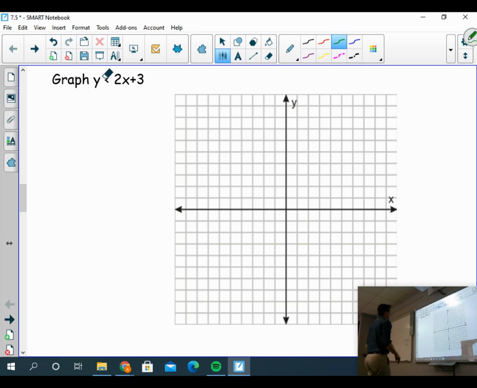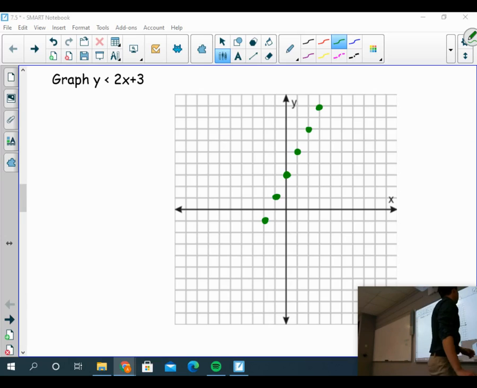Well, to graph an inequality, again, as you've seen, what we are going to do is start by graphing just like you normally would when you're graphing a linear equation, where we're going to recognize that our inequality is in slope-intercept form.